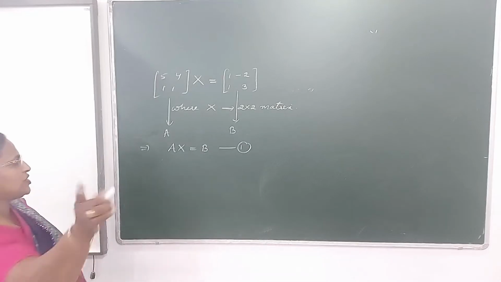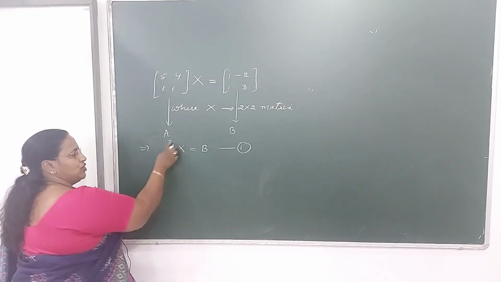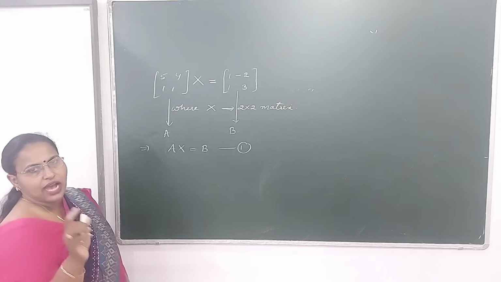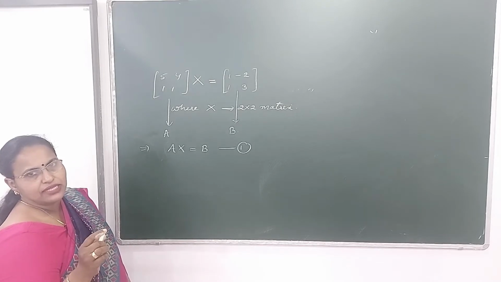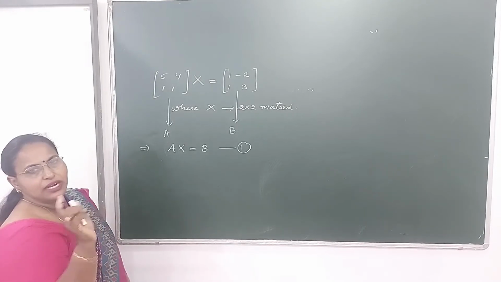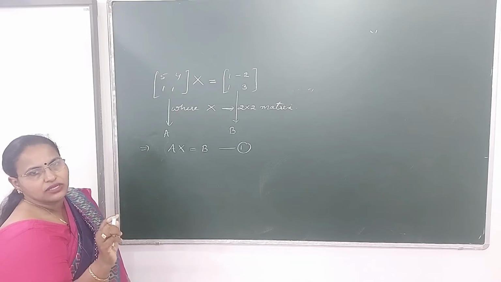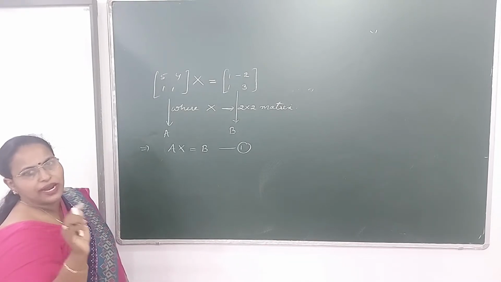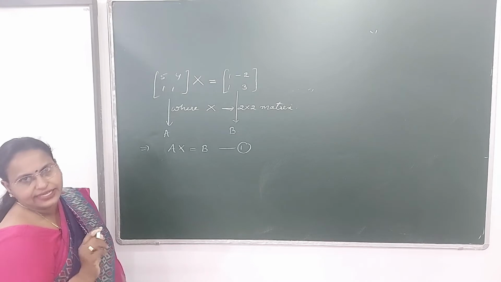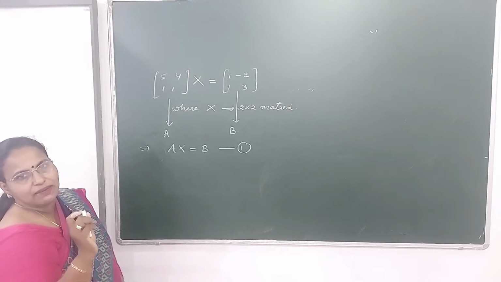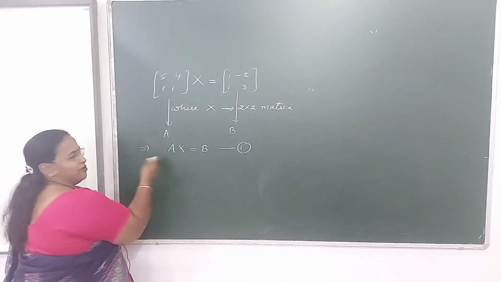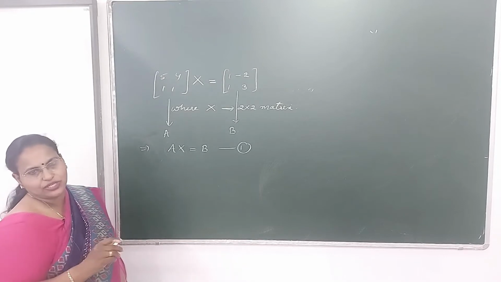The question is to find out matrix X. That means you need to remove this A. And how to remove the matrix A? When a matrix is multiplied to its inverse, the result is identity. So using that particular concept, you can remove this A from this particular equation.